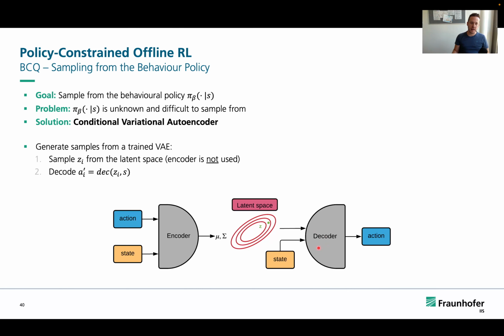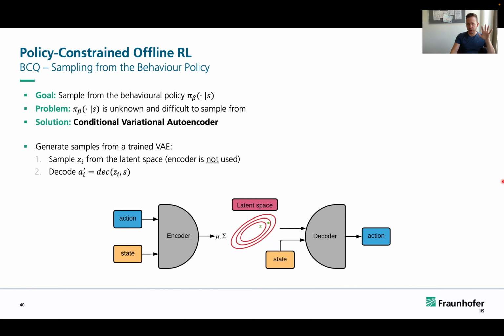This is again the ground truth from the data set, and we want to ensure that the data lies within a standard normal distribution of several Gaussians. If we do that, we can condition the variational autoencoder on a certain state and just sample an action from that distribution. This allows us to approximate pi beta given S for all of the actions that we might take.